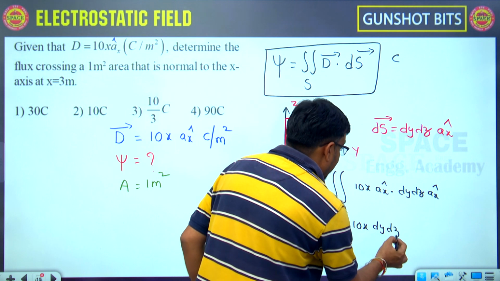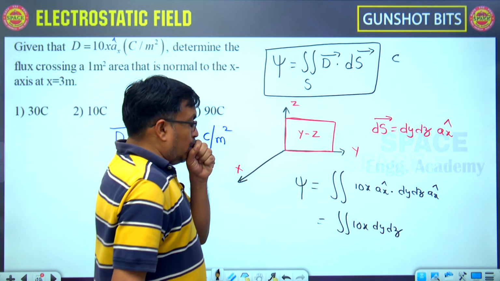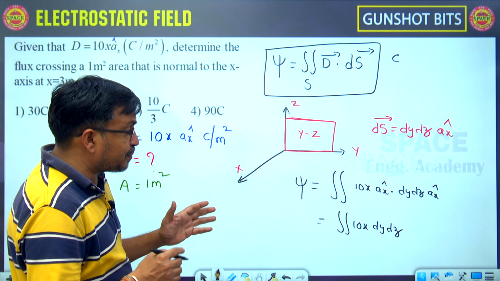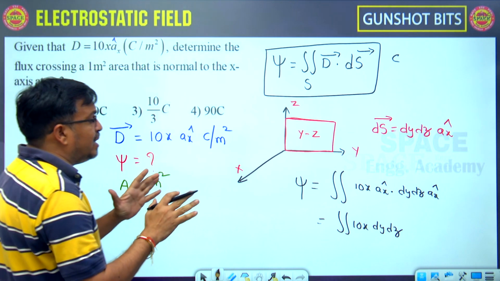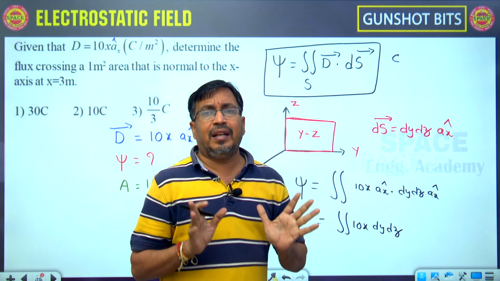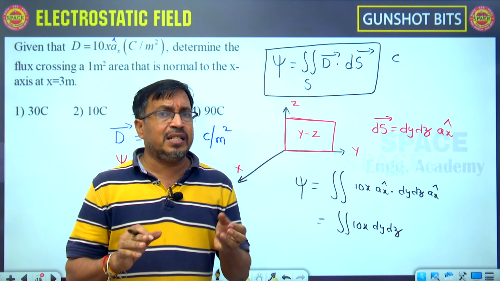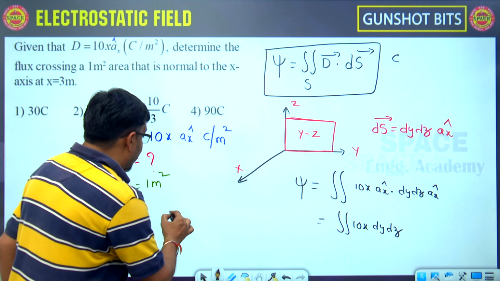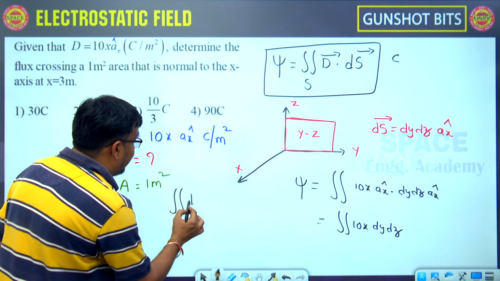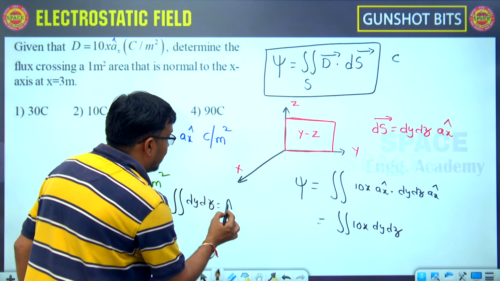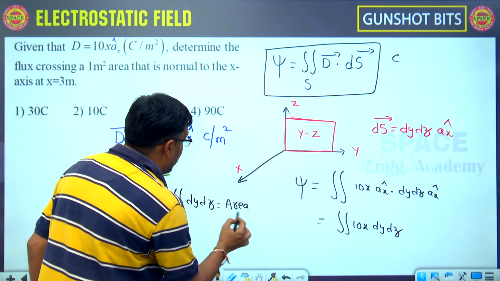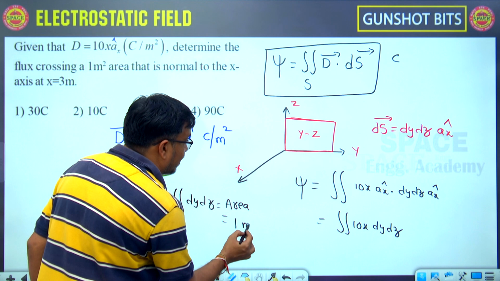Observe carefully here, because in this condition the range of y and z is not given. The range is not given directly, but it is given indirectly. The double integral of dy dz indicates area. The area value given is 1 meter square.